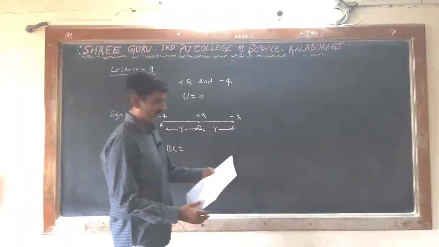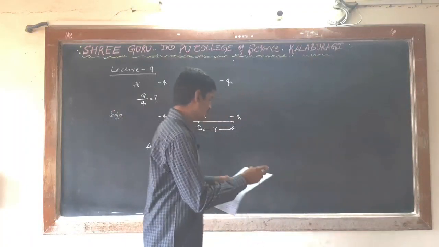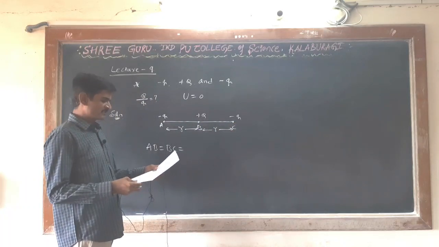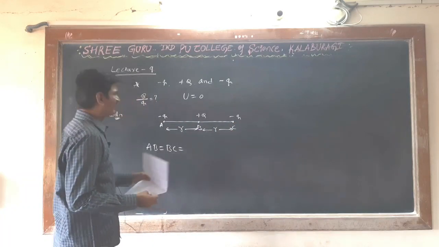Three charges minus Q, plus Q and minus Q are placed at equal distances on a straight line. If the potential energy of the system of three charges is 0, find the ratio.